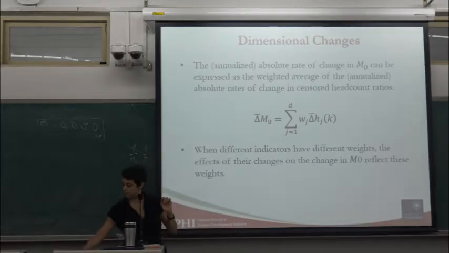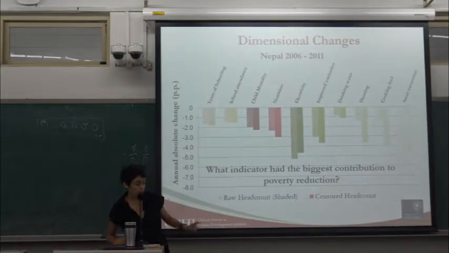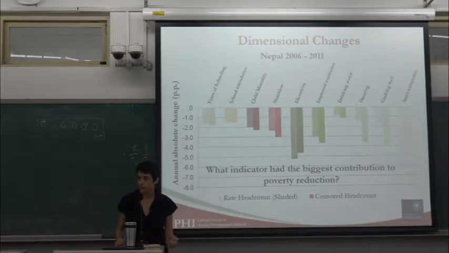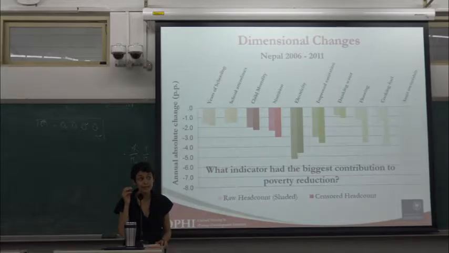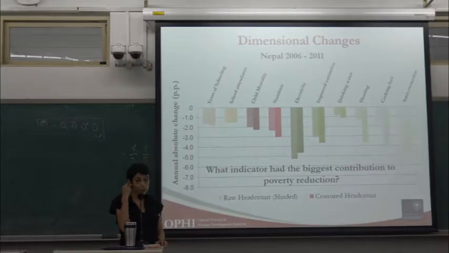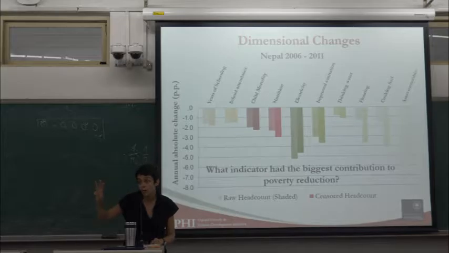In this case, you have to keep in mind that although electricity and assets have reduced fast, nutrition has a weight 3 times higher than those indicators. So a change of 1 percentage point in nutrition is equivalent to a change of 3 in the other indicators.